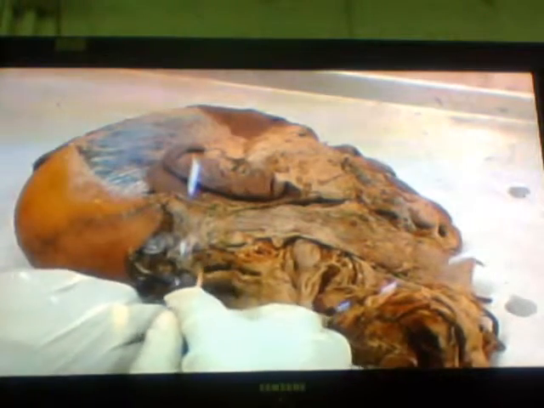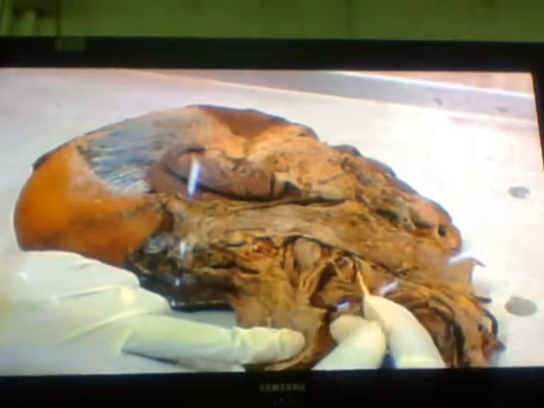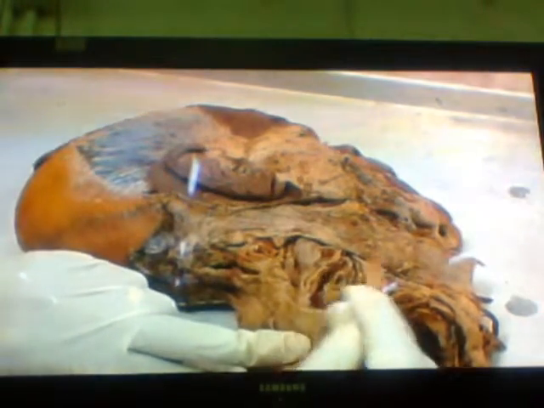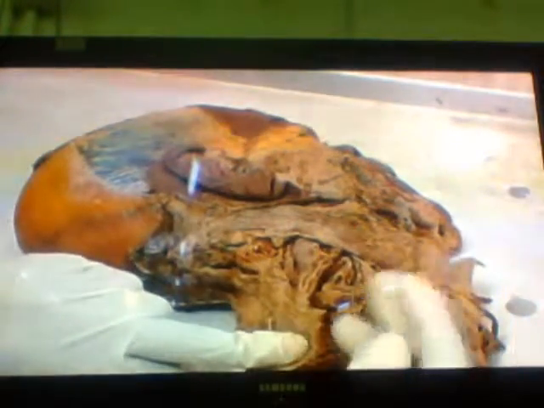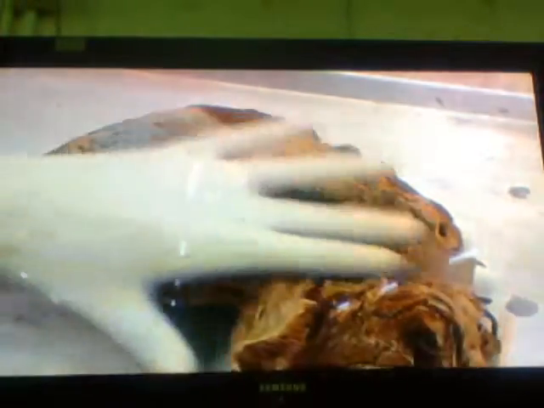From above, we have semispinalis capitis, then splenius capitis, then levator scapulae, then the scalenes, and then inferior to that we have serratus anterior. And the scalenes, you remember them. We have 3 of them, anterior, median, and posterior. So those are going to be your muscles in the posterior triangle.